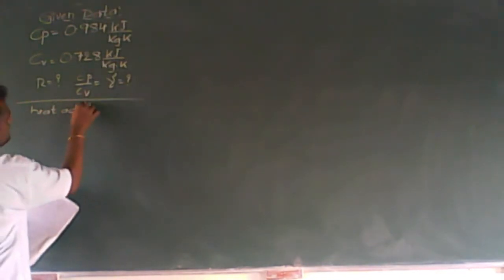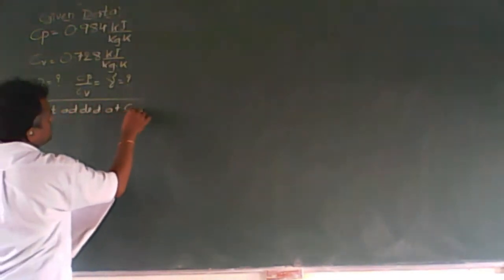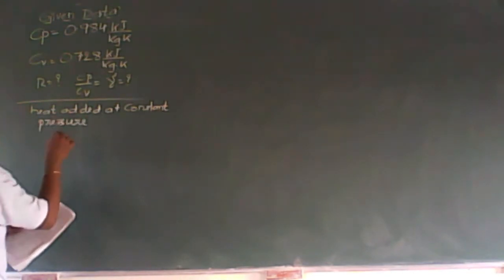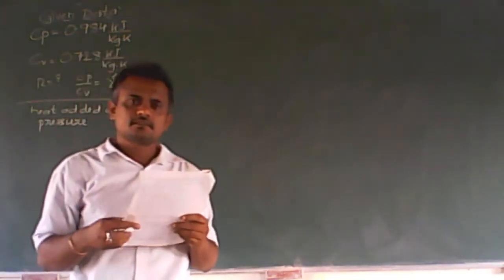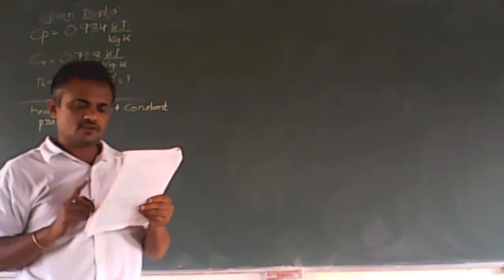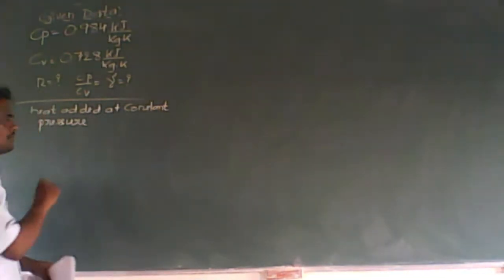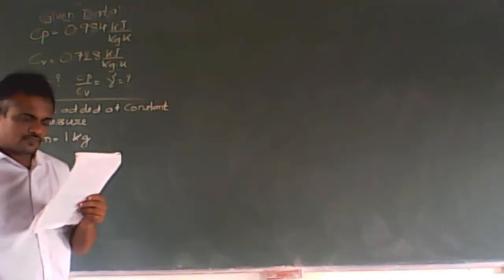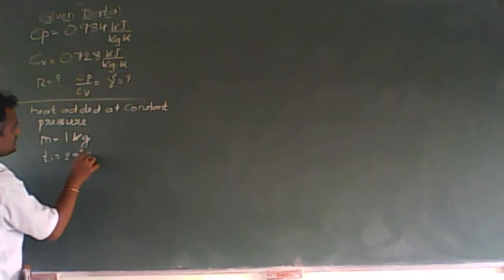Afterwards he says heat is added at a constant pressure. 1 kg of this gas is heated, so mass m is 1 kg, and temperature is increased from 25 degrees Celsius.